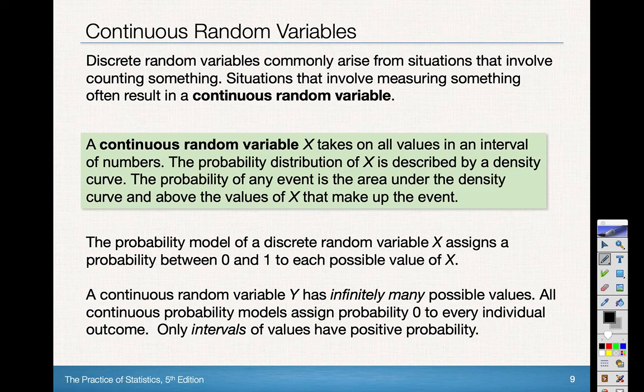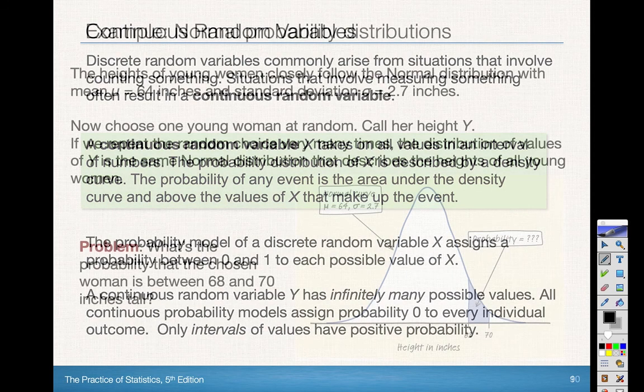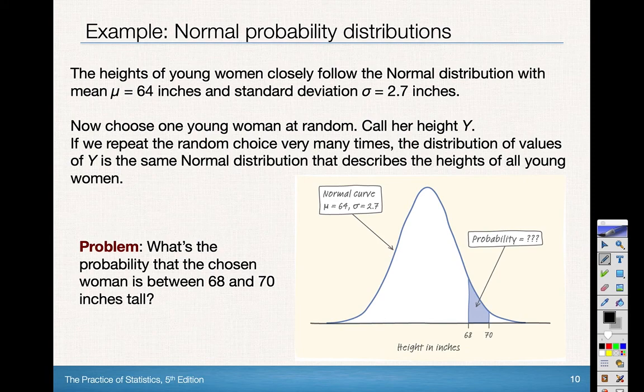We have an opening part of the interval and a closing part, just like we did with normal CDF and inverse norm. This is going to be sort of a repeat of normal stuff. So here we are. This will feel very familiar. The height of young women closely follows a normal distribution with mean of 64 and standard deviation of 2.7. Now choose one young woman at random, call her Y, her height Y. So there's our random variable.